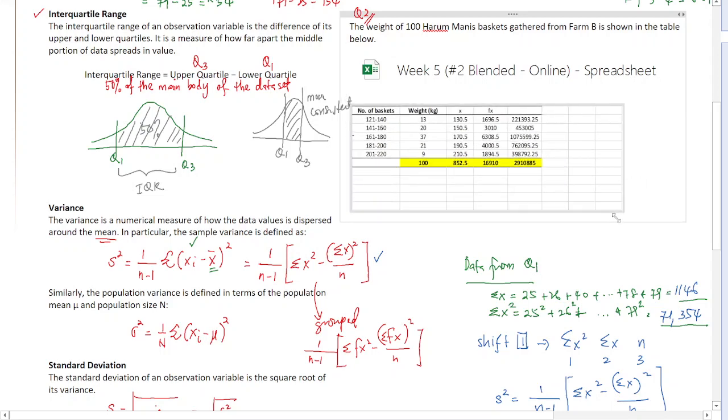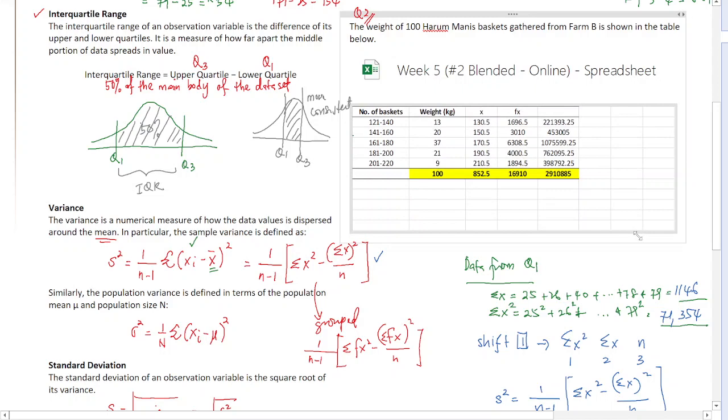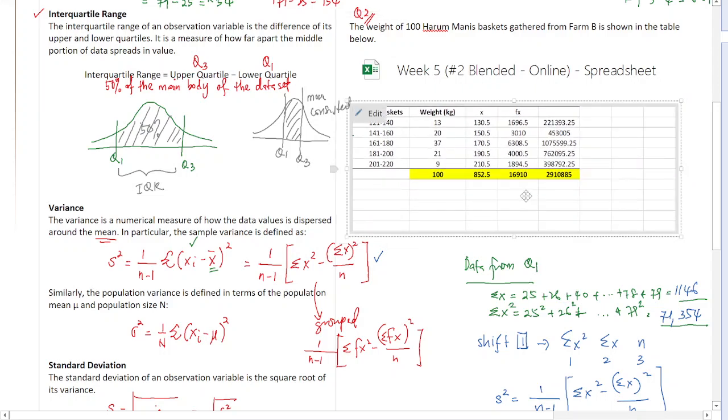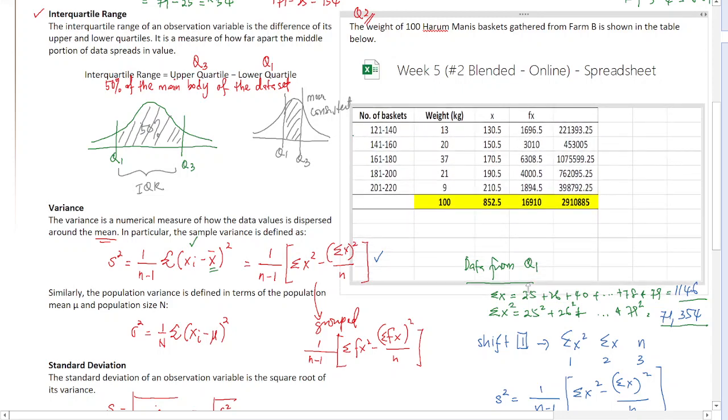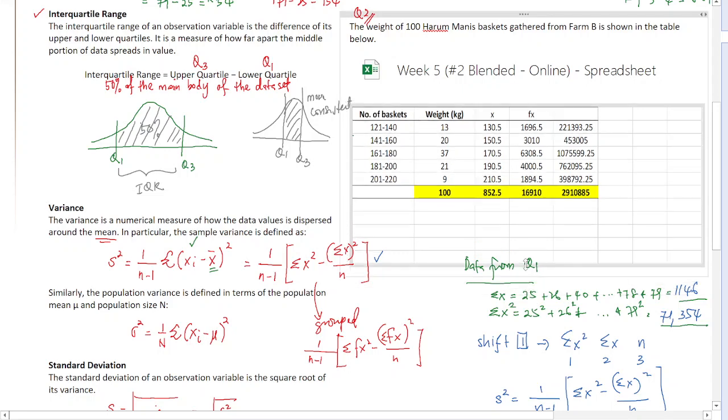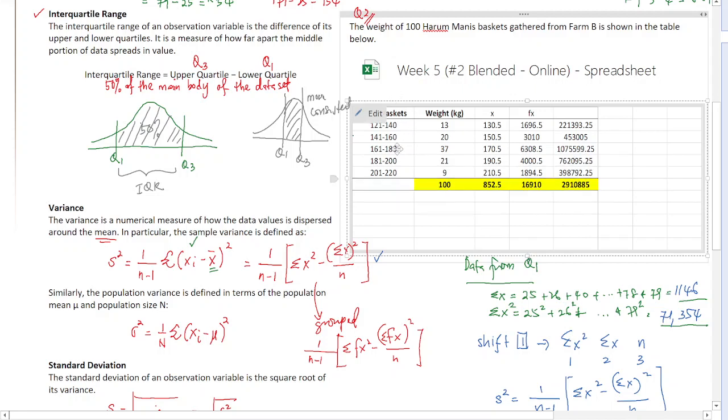Okay, so this is the data eh. So tadi yang kita dapat tadi. Okay, in order to come up with the answer for the group data set, in this situation you have the values in the form of group data. So we have a number of baskets in a class limit form.